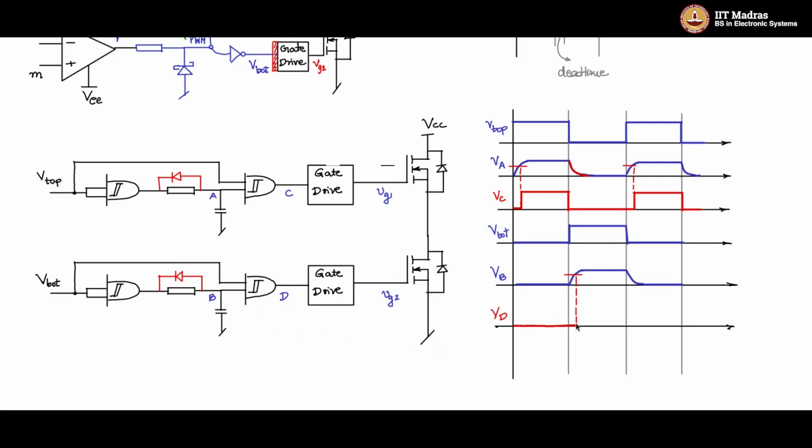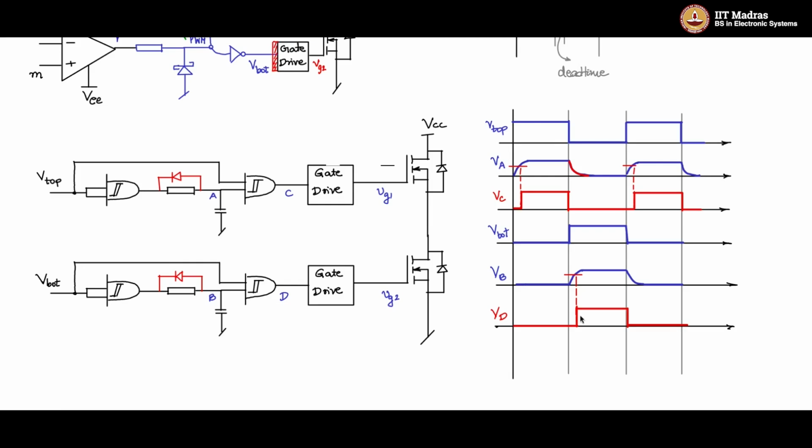So the output here, VD, will go high only when V bottom is high and also VB has gone beyond the trip point. So if you look, this will go high here where both this and this are high, and falling down is immediate as V bottom goes low. Immediately as V bottom goes low, VD will go low irrespective of the value of VB, and therefore we get a waveform like this.